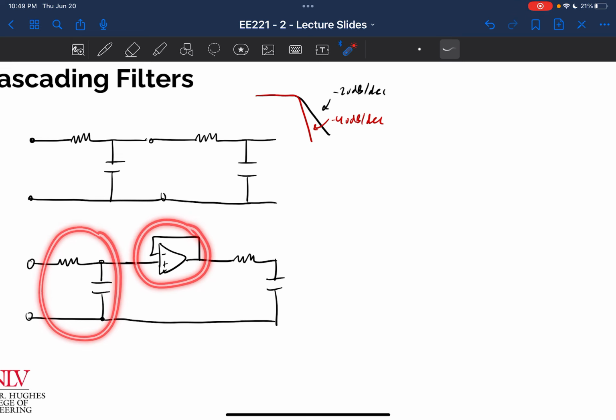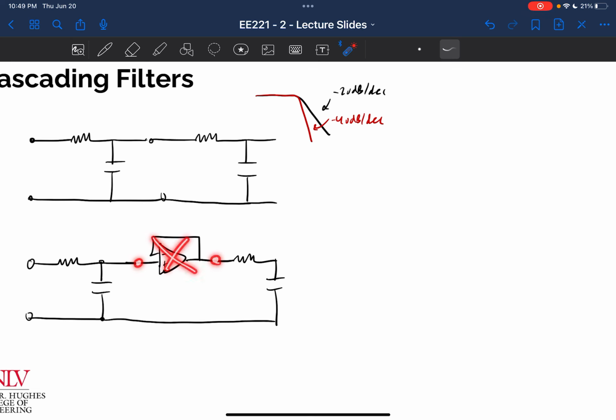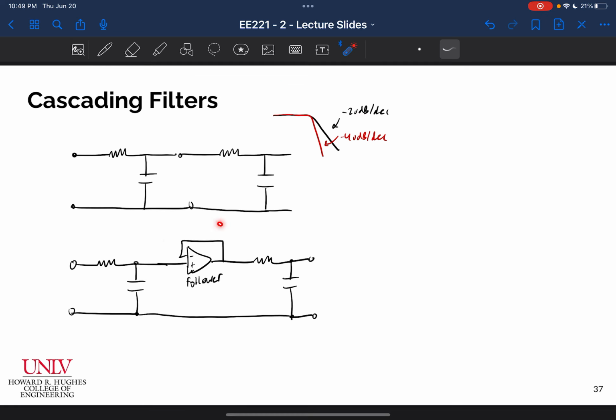I have a unity gain filter, which basically replicates this voltage over here. So this doesn't really do anything to my voltage. It just passes it right on through, my unity gain follower, basically. Sometimes it's called a voltage follower. And then I could have another filter out here with another 20 dB per decade drop.